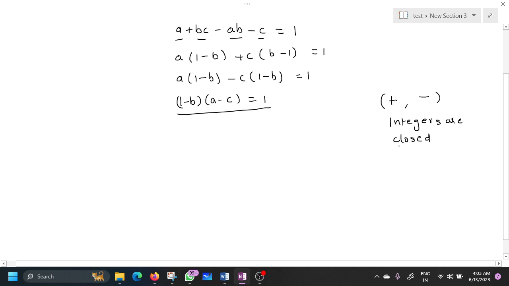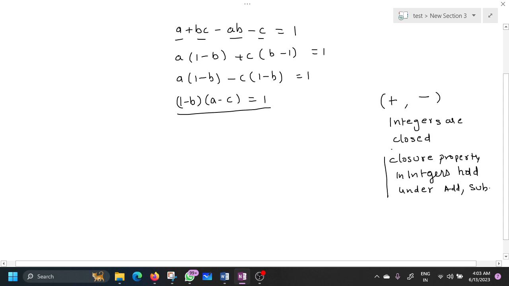Means what? This is actually the closure property of integers. Integers hold closure under addition and subtraction.